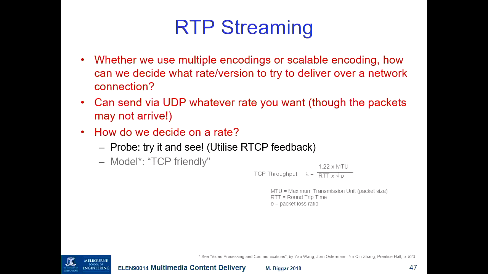Another approach is that we can model it, in the sense that we can do something that's considered to be TCP friendly. TCP friendly in the sense that if we had a TCP connection, we would have about this amount of throughput, so let's send about the same rate.